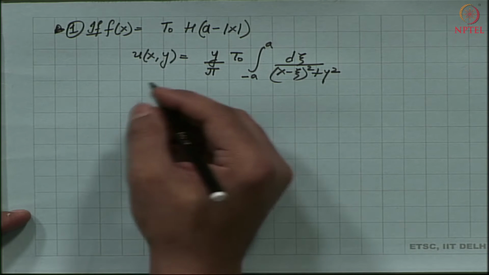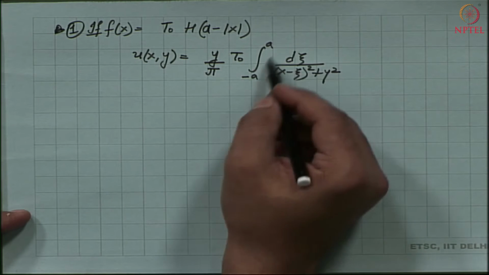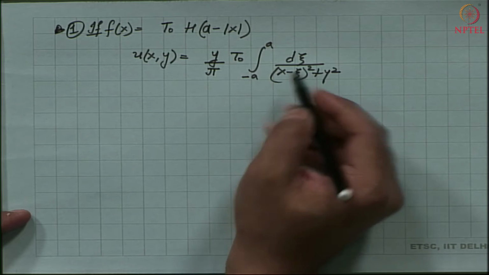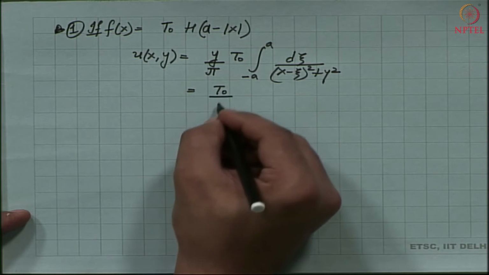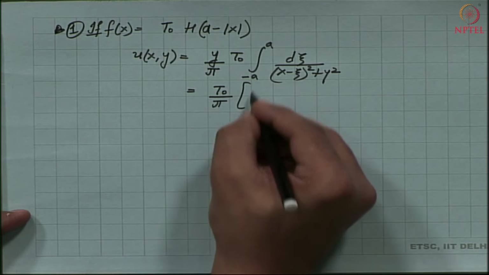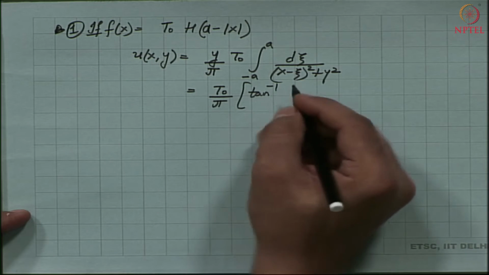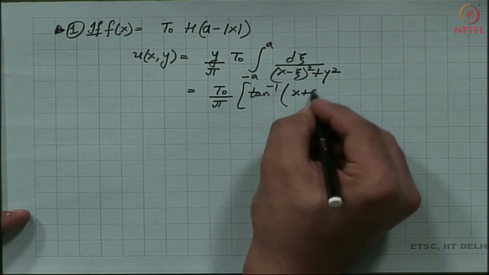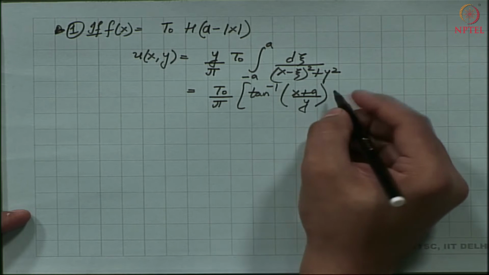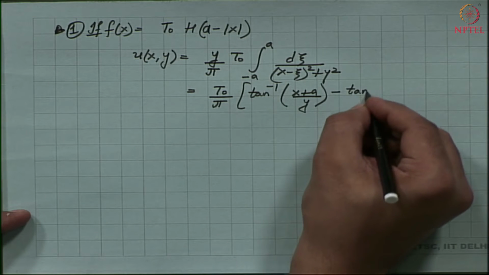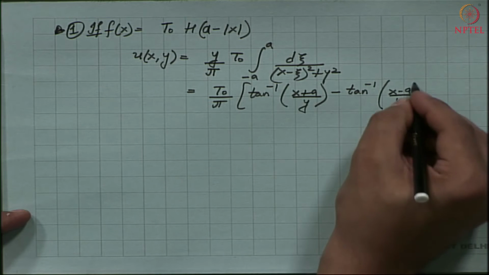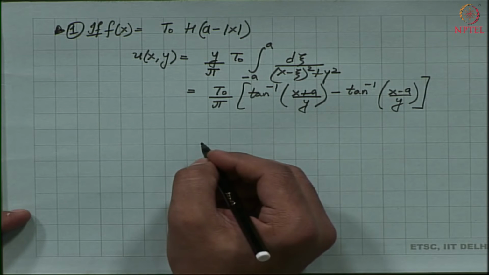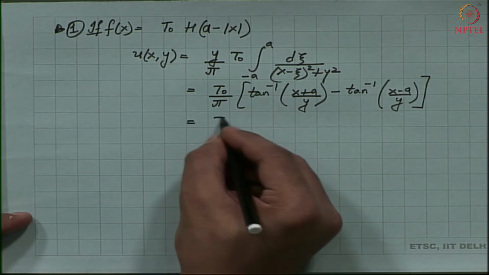Now this integral being finite, it can be evaluated. Particularly this integral is nothing but t0 by pi, tan inverse of x plus a by y minus tan inverse of x minus a by y, or we use the formula for tan inverse.